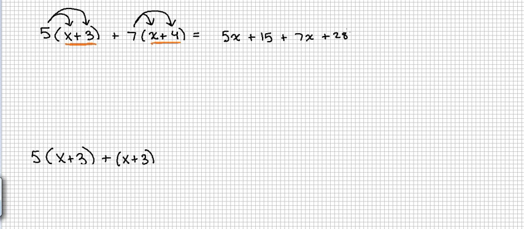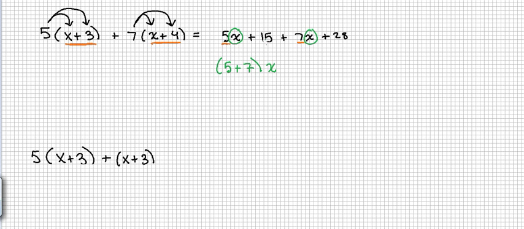Okay, so we could expand this out if we wanted to, and what we do almost all the time, we never really expand out. The expanding is just to show you why this works the way it does. What we would do here is we just add the coefficients with the same x. So this would be 5 and 7, but they both have an x in common right here. So we're going to say 5 plus 7 times x.